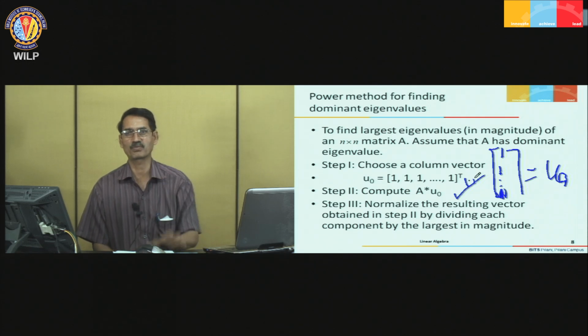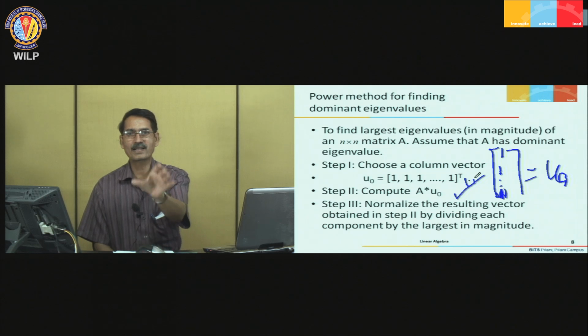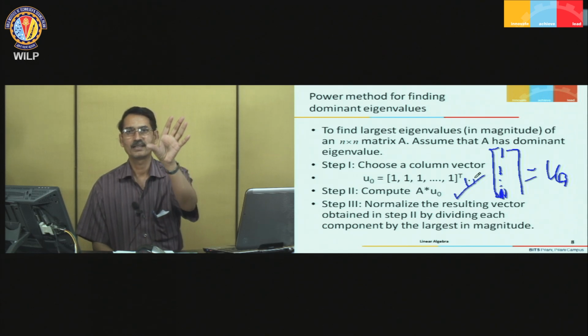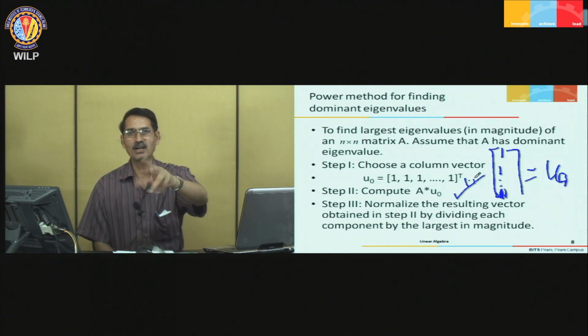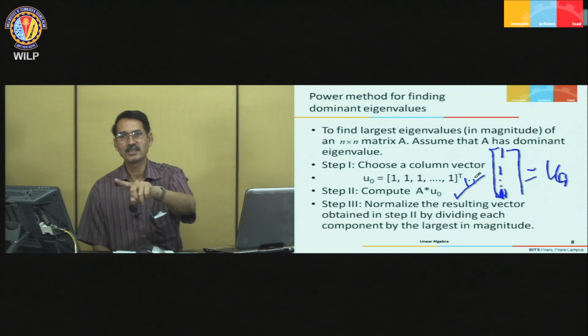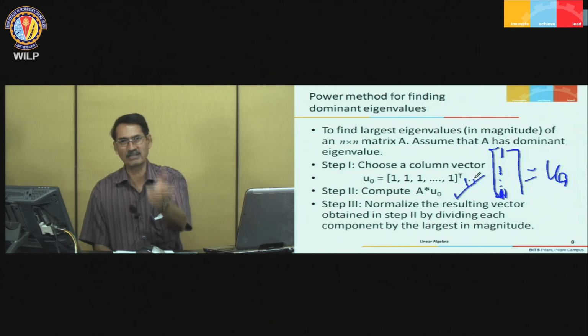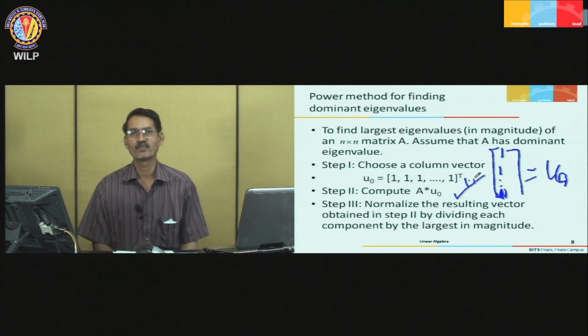What is the meaning of this one? Third step is normalize the matrix A into U0, and A into U0 is now a column matrix. So, if A is an n by n matrix, then U0 is a matrix of order n by 1. Therefore, A n by n into n by 1 will be n by 1. So, A into U0 again will be a matrix of order n by 1.